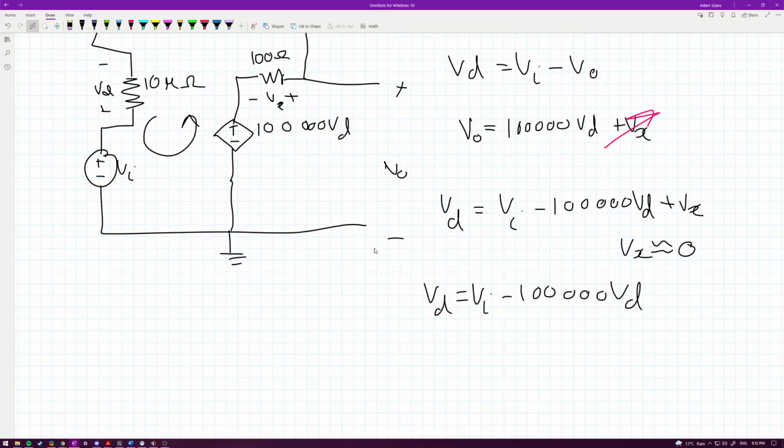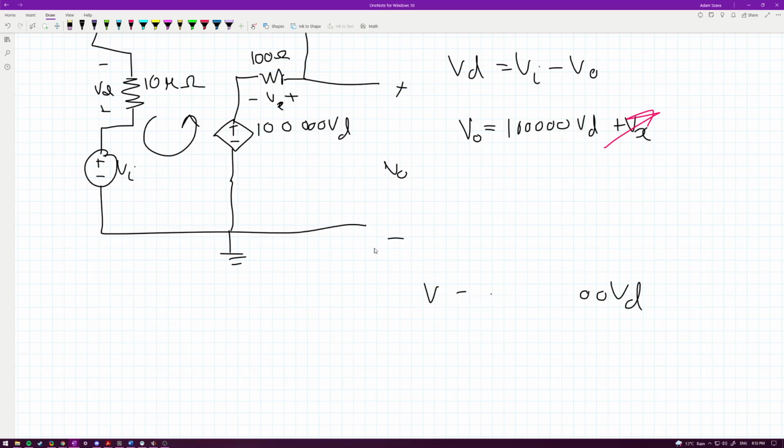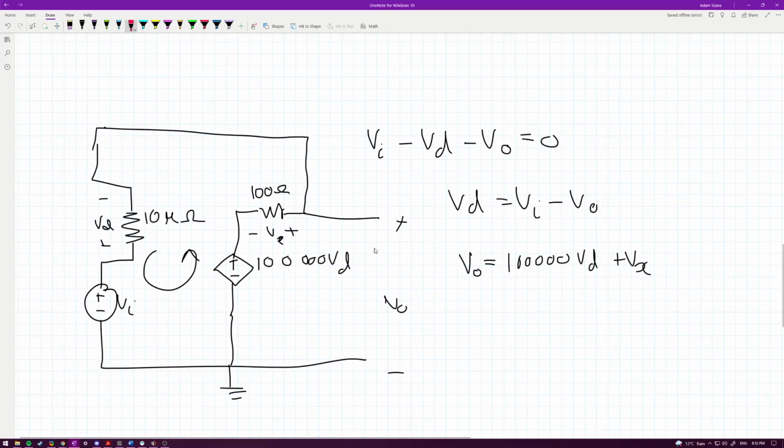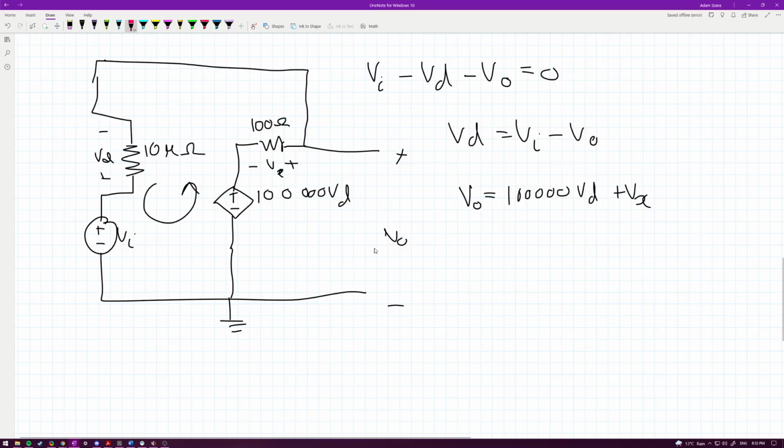VO equals 100,000... Wow, okay, sorry. Did I make a mess of this? No, I didn't make a mess of this. I think it's just weird. VD minus VI is what we have here. VO is 100,000 VD plus VX, but VX is negligible. So that gives us VO equals 100,000 VD.